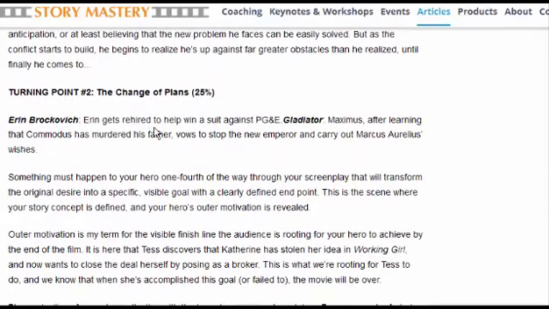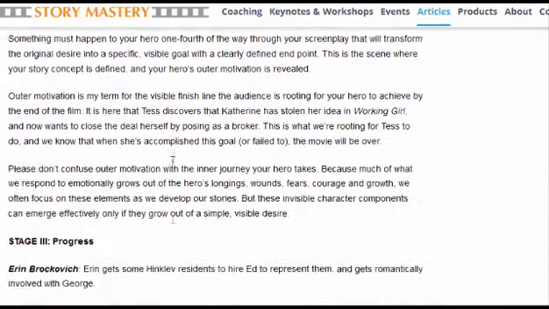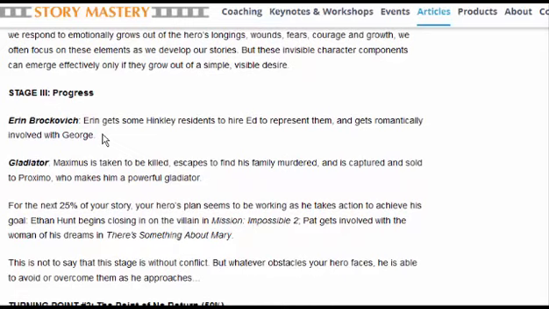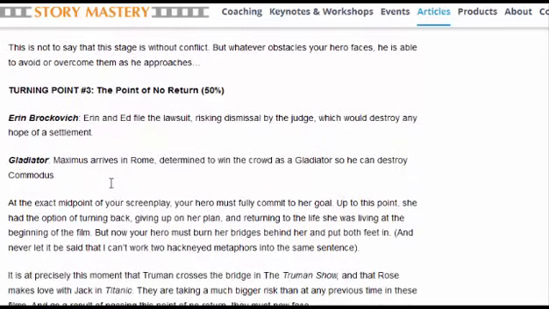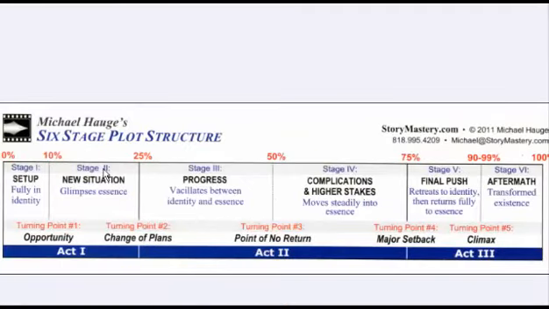Next stage, Erin gets rehired to help with this situation. And next stage, Erin gets some Hinckley residents to hire Ed. He goes through the entire movie of Erin Brockovich and shows you how it fits, to a T, his six-stage structure that we saw here.